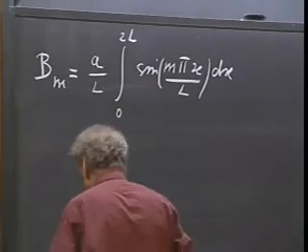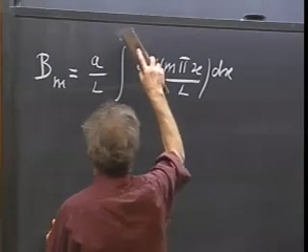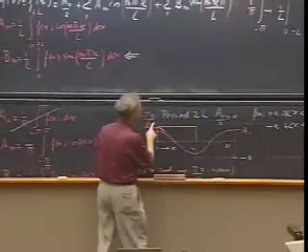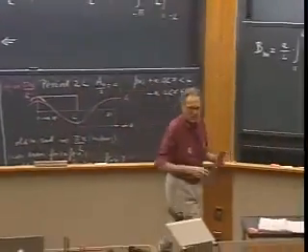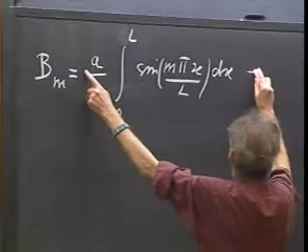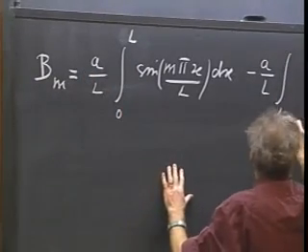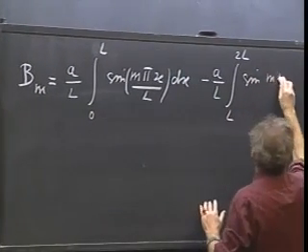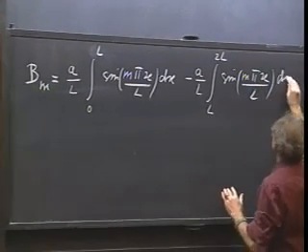That is not between 0 and 2L, you should have screamed, that is only between 0 and L. It's only between 0 and L that it is plus A, but when we integrate from L to 2L, then it becomes minus A. So the next part of the integral is minus A, so I bring the A outside, so I get minus A divided by L times the integral from L to 2L of the sine of M pi x over L dx.